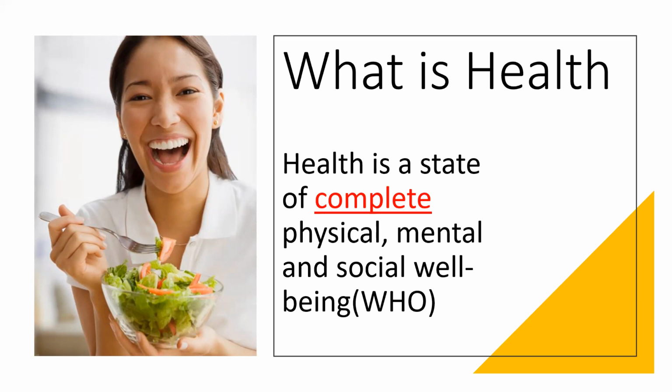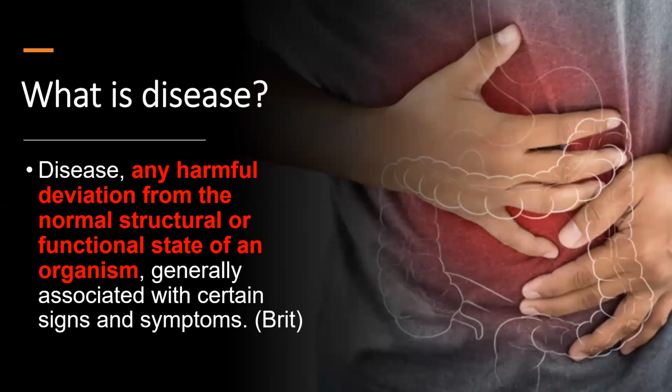You have a lot of persons in silence. Their bodies are physically well, but their mind is not well. So are they healthy? No, sir. So health is everything: physical, mental, social. And obviously disease is when you deviate from that. I'm just reviewing, so you don't have to write this down.